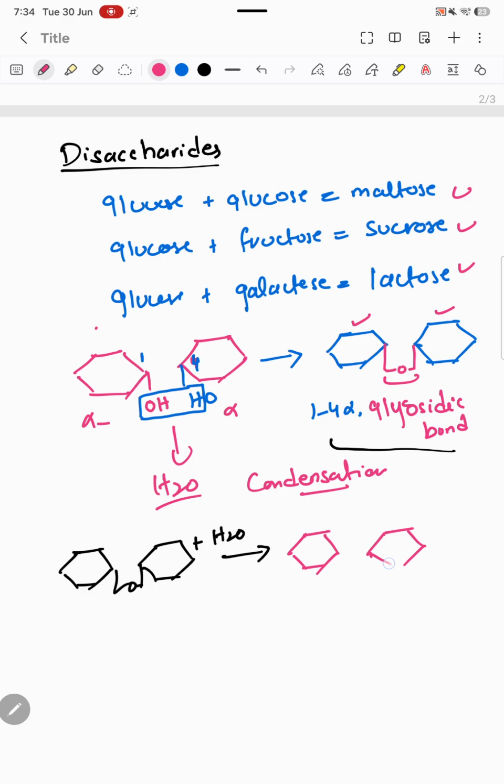Again we get 2 alpha glucose, and this reaction is called hydrolysis. In hydrolysis, the disaccharides are hydrolyzed into monosaccharides, and it involves the breakage of the glycosidic bond.